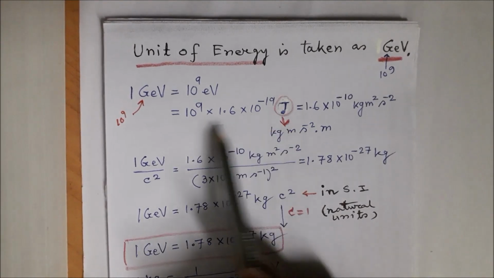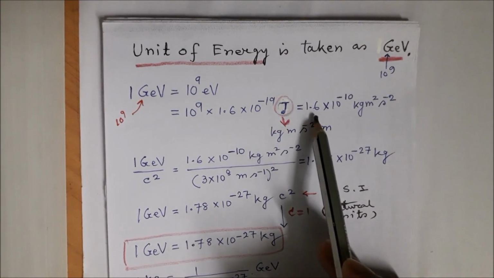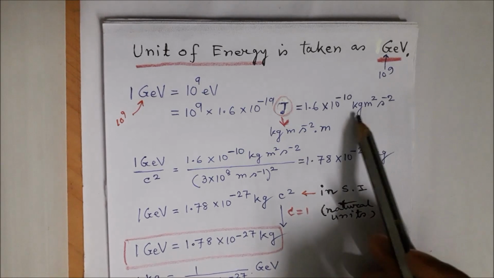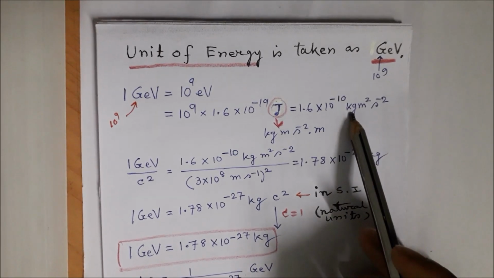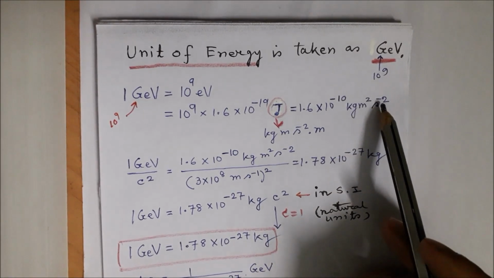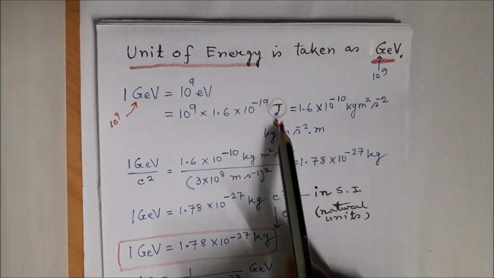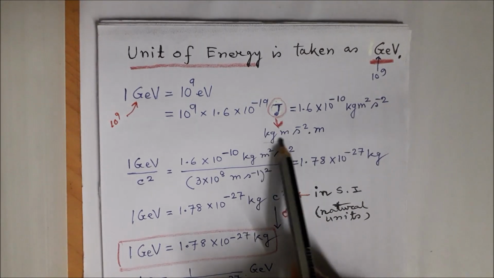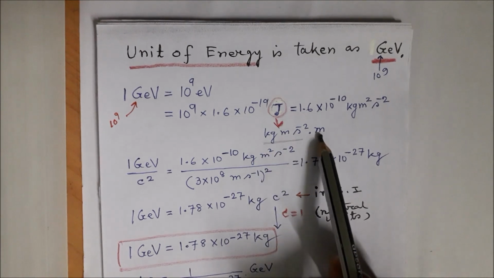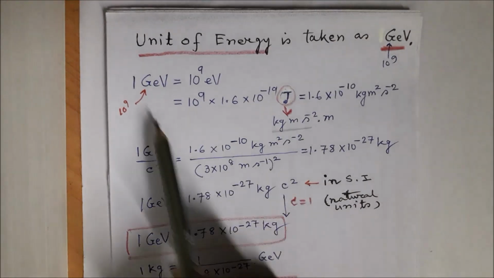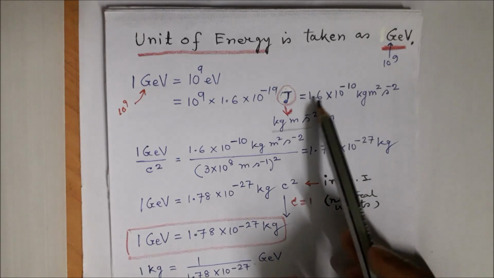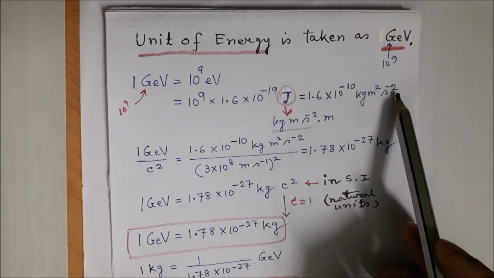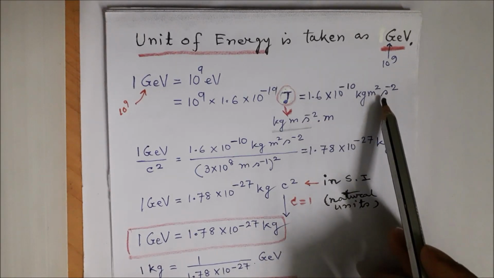So we have this relation, and we can simplify to get this relation, where kilogram meter square second to the power minus 2 comes if we break joule into force into distance. This part is force and this is distance. So 1 GeV is this much in the SI system. We are in the SI system up to this.